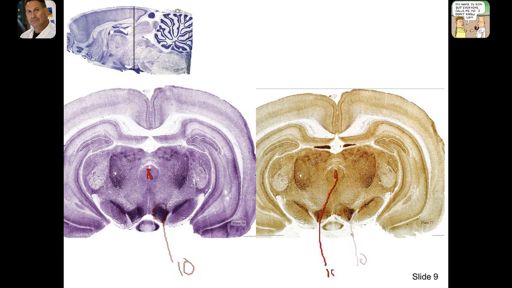And we have the optic tract here. It's actually number 13. And the red nucleus is here, number 12.